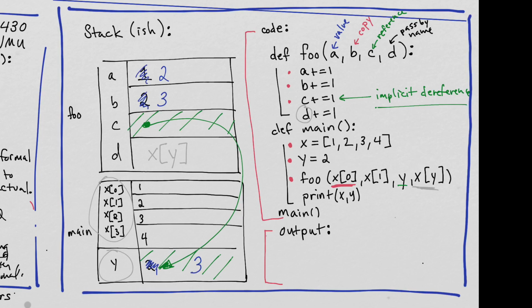And now we finally get to d plus equal to 1, and the way to think about it is x sub y plus equals 1, where that's now being evaluated at this moment in the original context of the actual parameter. So what's x? X is this array right here. And what's y? Y is currently 3.